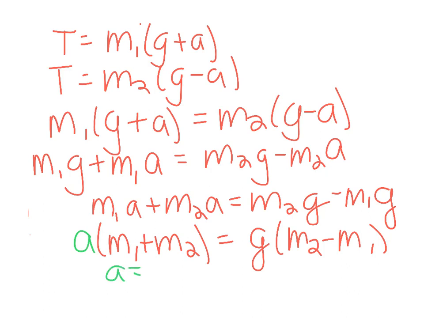So I'm going to have a equals g times (m2 minus m1), all over m1 plus m2. So there's a lot of derivation in this, but this is going to get my acceleration equation. It's important to note that my gravity is still in this, and the way my masses are added and subtracted is going to depend on it.